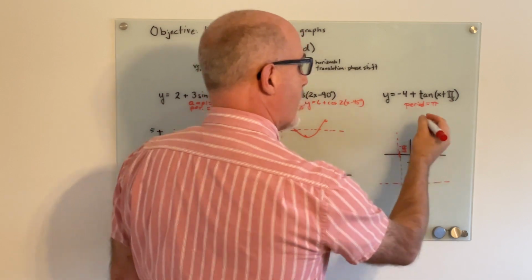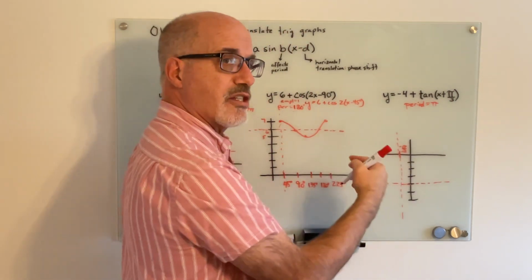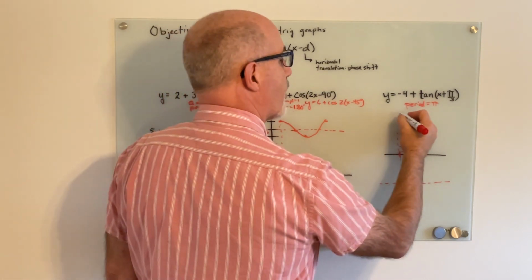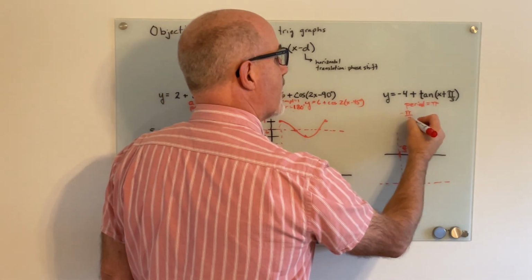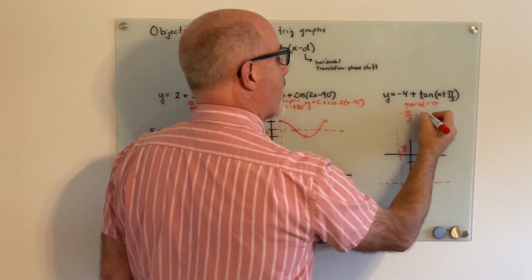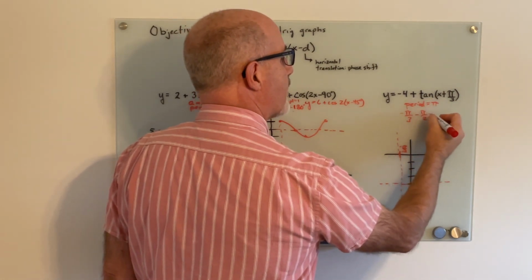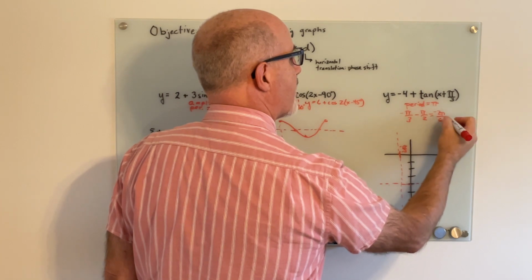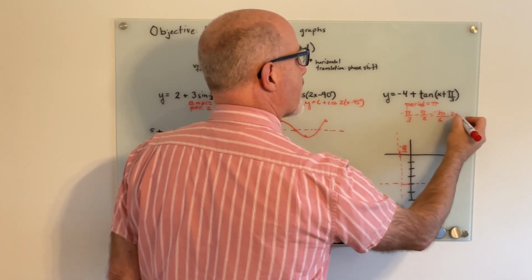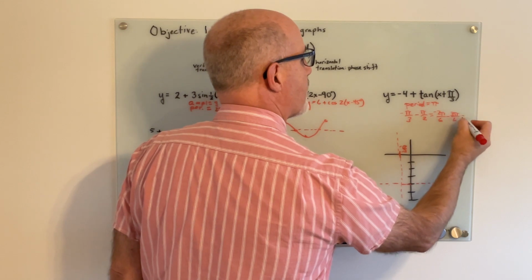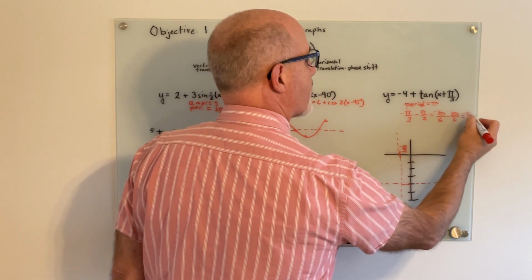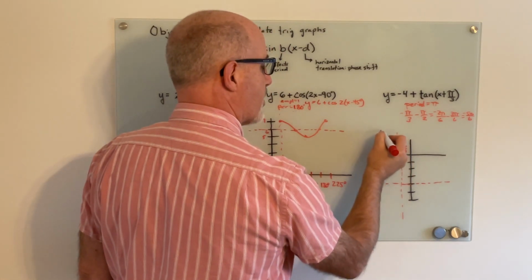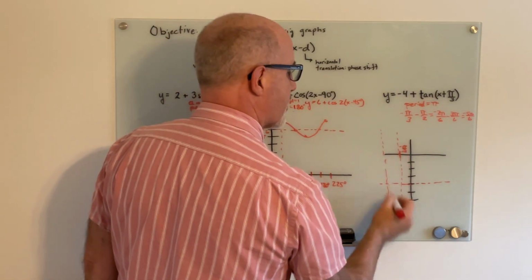So I'm going to go one period in that direction, which is to subtract pi over 2 from negative pi over 3. That's negative 2 pi over 6 minus 3 pi over 6, which gives me negative 5 pi over 6. So that's where my asymptote will go, negative 5 pi over 6.